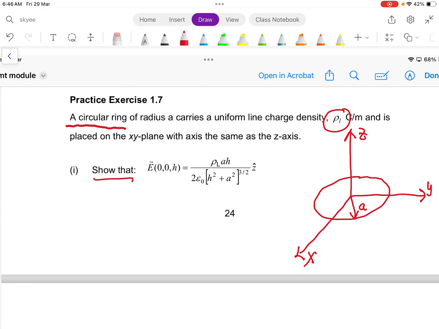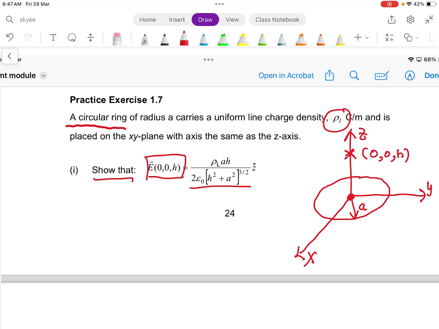Show that, you have to prove that the electric field at this coordinate 0, 0, h, I will put it here, 0, 0, h. H is the distance from the origin to this observation point. So this one is a question related to derivation.